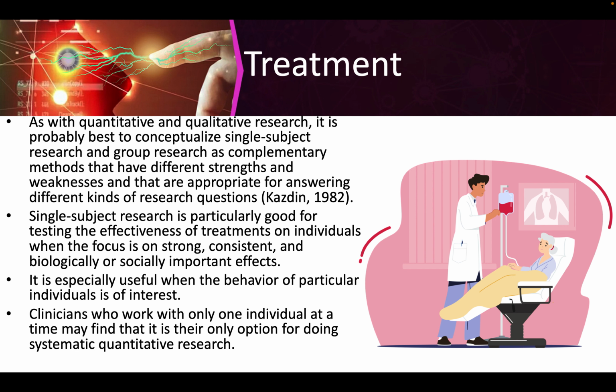Single subject research is particularly good for testing the effectiveness of treatments on individuals when the focus is on strong, consistent, and biologically or socially important effects. It is especially useful when the behavior of particular individuals is of interest. Clinicians who work with only one individual at a time may find that it is their only option for doing systematic quantitative research.